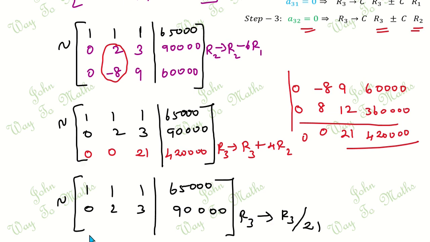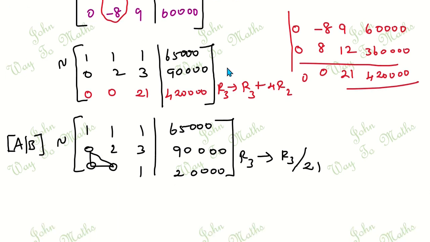So we get 0 0, here 1 times 21 becomes 21, here 2 times 21 is 42, the remaining 40, I'm going to enter here, so 20,000. So here it forms a row echelon form. Therefore, the augmented matrix A bar B forms a row echelon form.